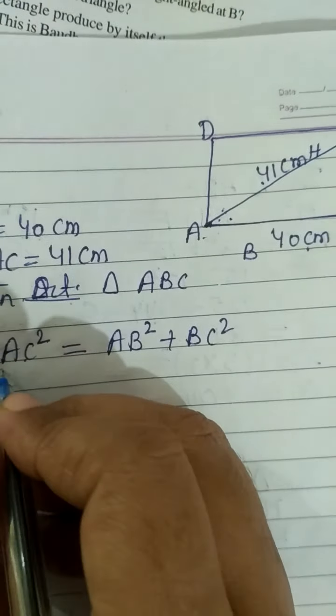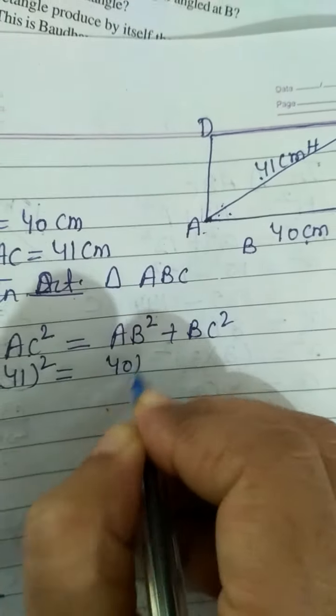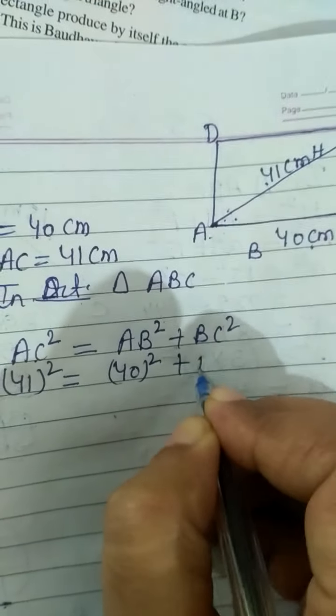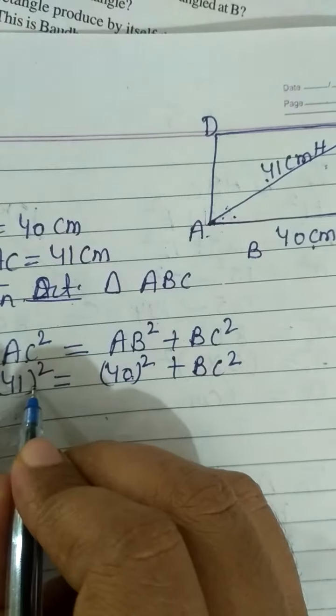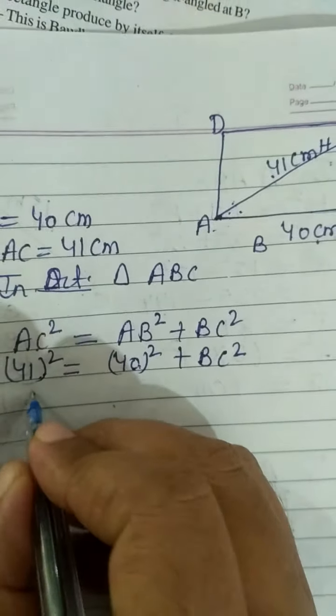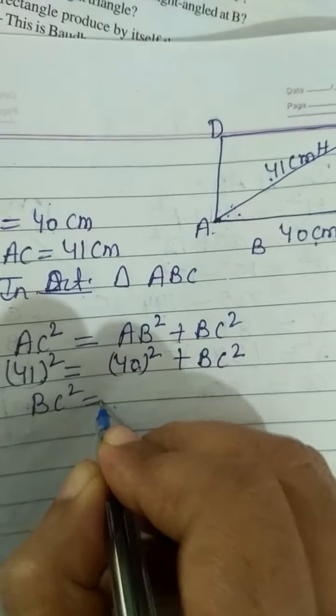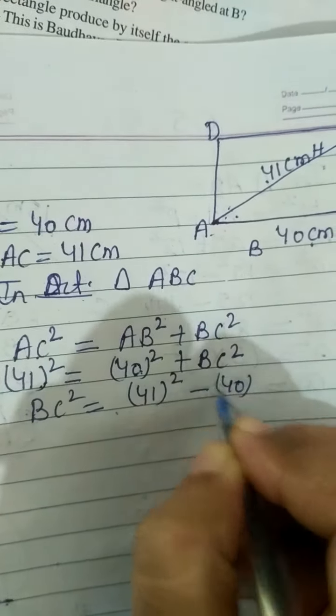So we put the values. 41 square is equal to 40 square plus BC square. When we take this side on this side, sign will be changed. So our BC square is equal to 41 square minus 40 square.